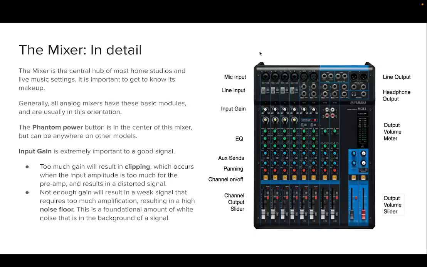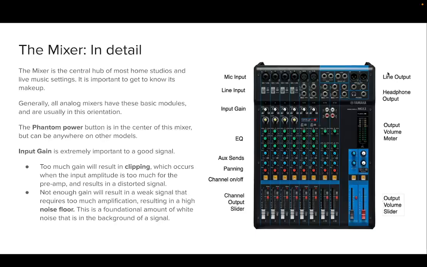We can envision the signal coming in from the top and out the bottom and then out this side like a U shape. This slider will determine how much energy is coming out of this channel to the master output.